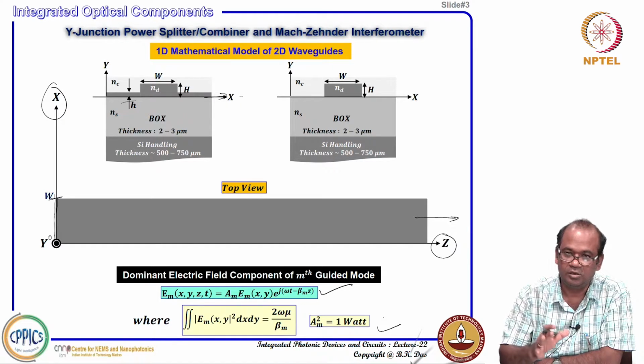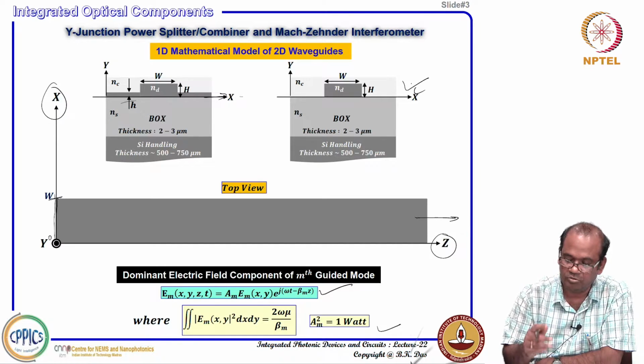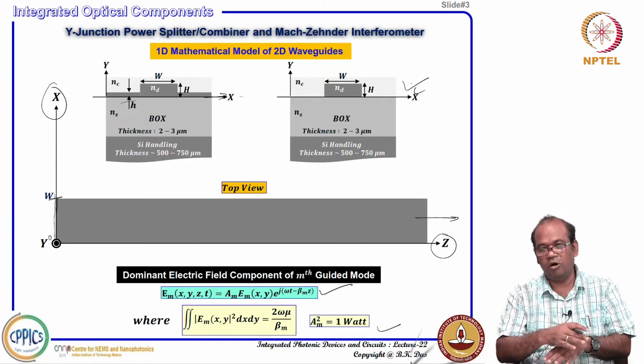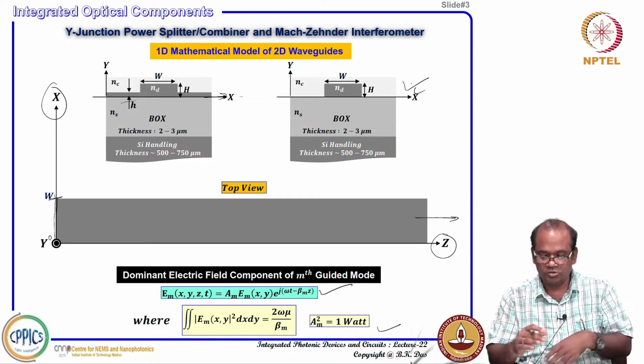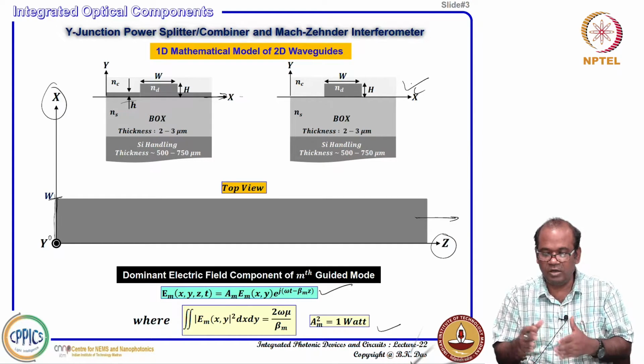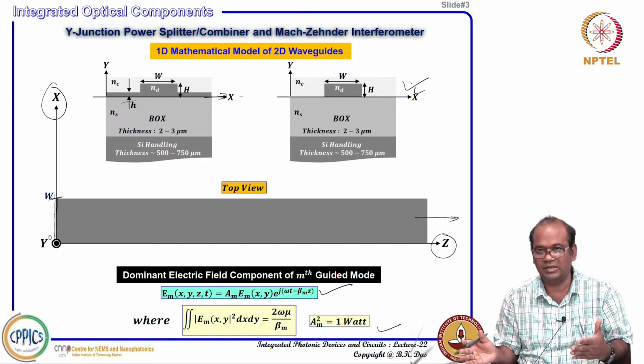We won't always sketch a two dimensional picture or cross sectional view, because all these waveguides we will be using for planar circuits, a circuit in a plane. So, whatever changes happen in the plane, that matters.